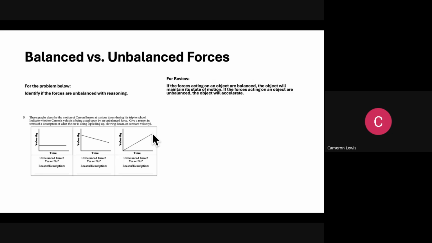All right, take a step back. Describe what's happening with the velocity over time. This is constant, because constant is what? A horizontal line? What does constant mean? Constant means that it's the same the entire time. It's not changing over time.